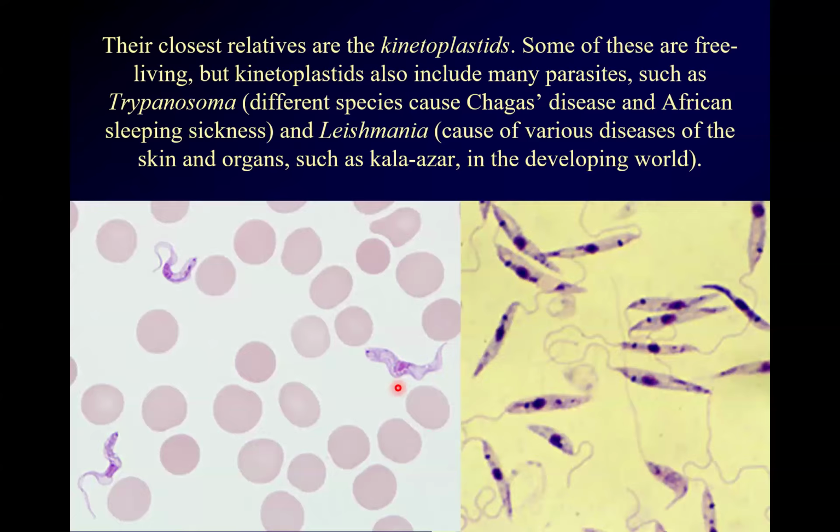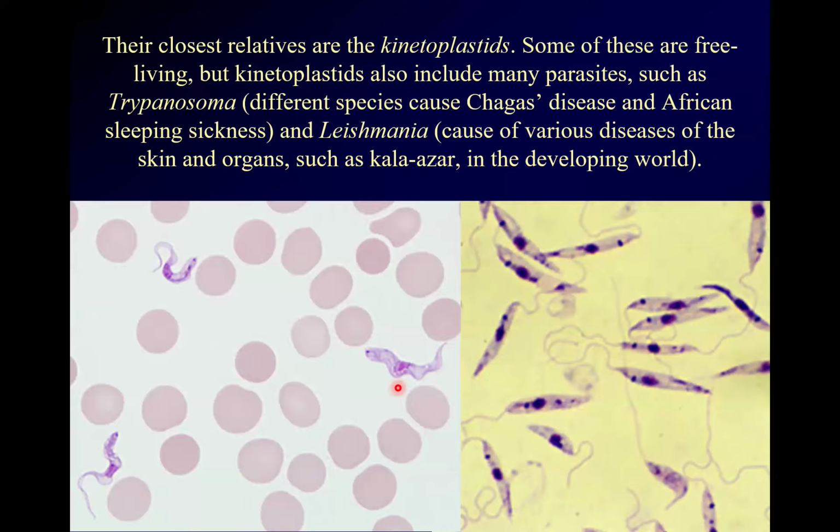On the right, that's leishmania, and that's spread by biting sandflies. That can cause various diseases, sometimes of the skin. You can get this eruption of lumps on the skin that used to be called Jericho buttons because this used to be endemic to Israel and Palestine.